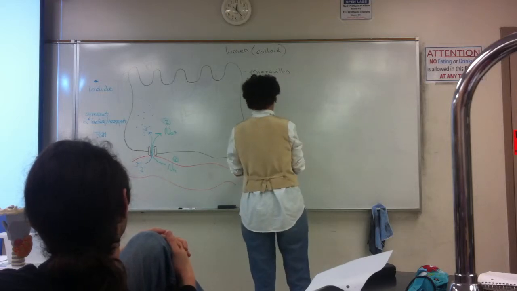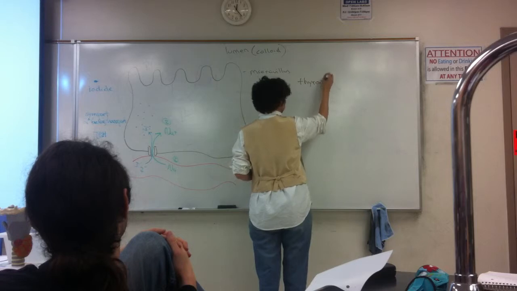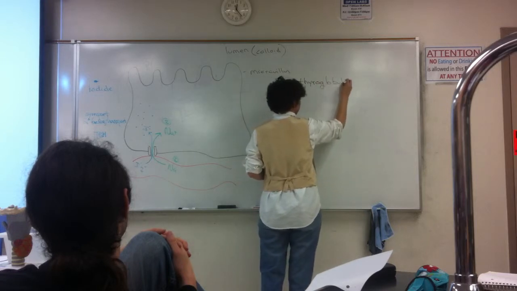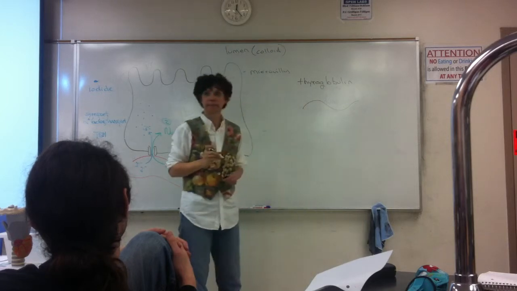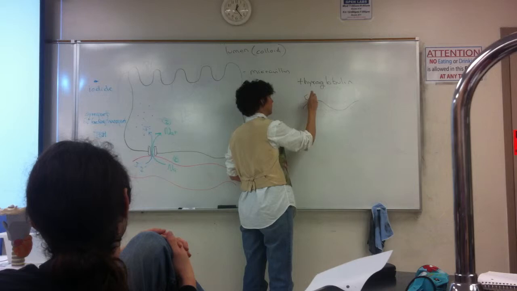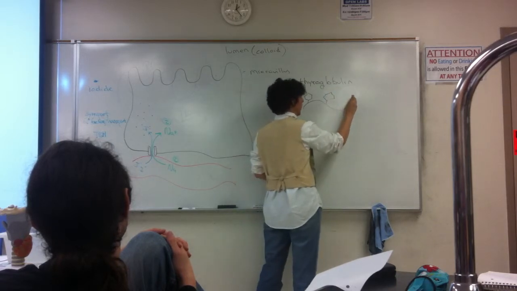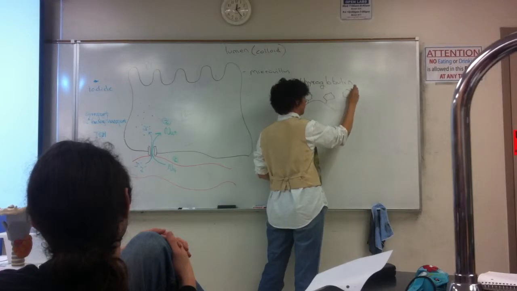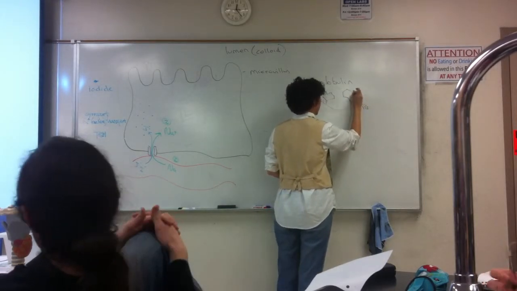So I'm going to diagram it over here. So we have a long chain of amino acids, and inserted, a bunch of other atoms sticking off on here. So this is thyroglobulin, and this is tyrosine.